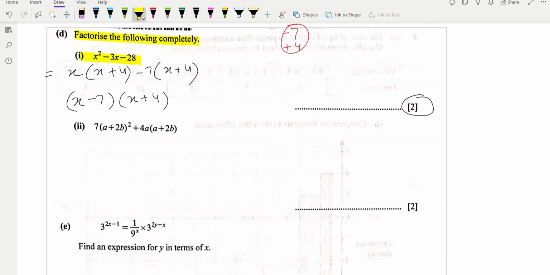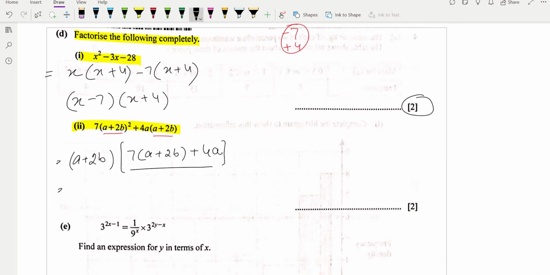Now for the second part, we can check what is the maximum common factor. This inner portion is common in both, so we can take a plus 2b as common. Inside will be 7 into a plus 2b and plus 4a, and this will be the step.